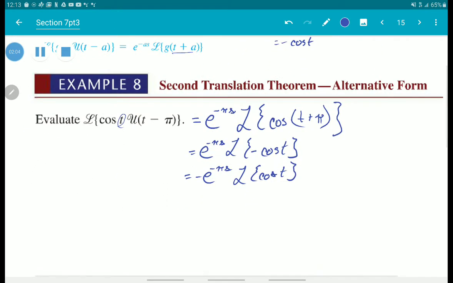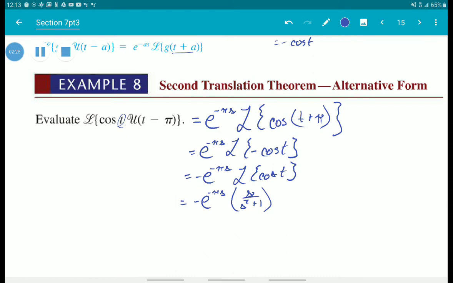And then now we want to find the Laplace of the cosine of t. And if we go back to our formula sheet, cosine of t was number 8. And it says it's s over s squared plus k squared, and our k is 1. So there's our Laplace.